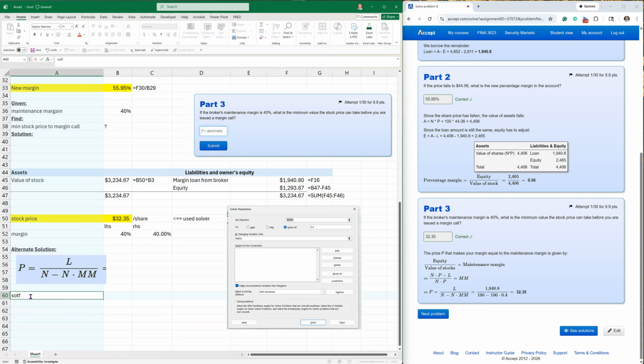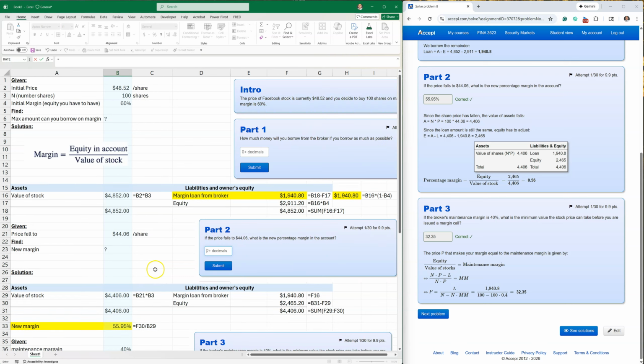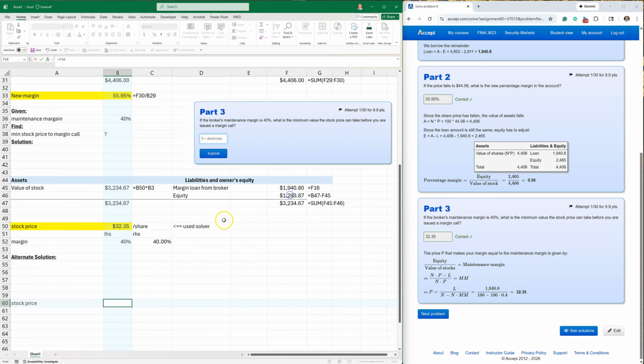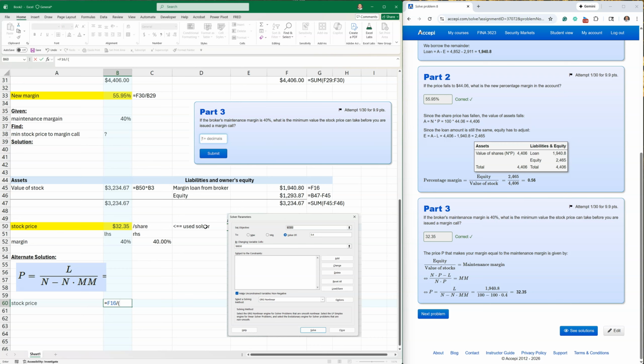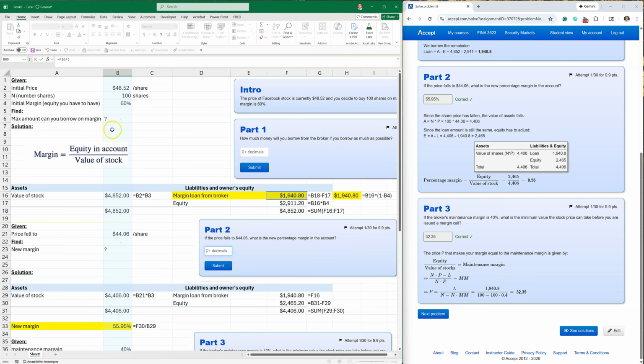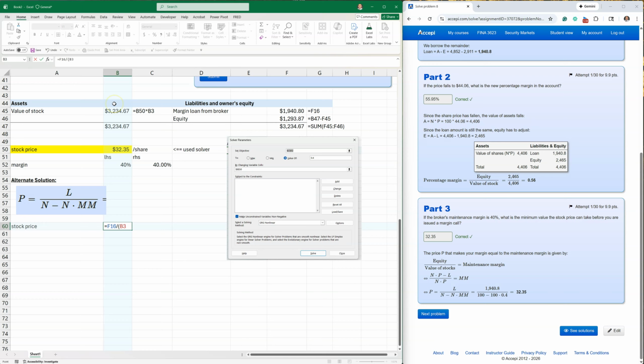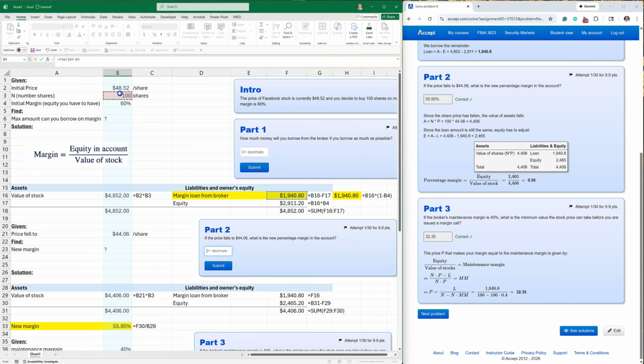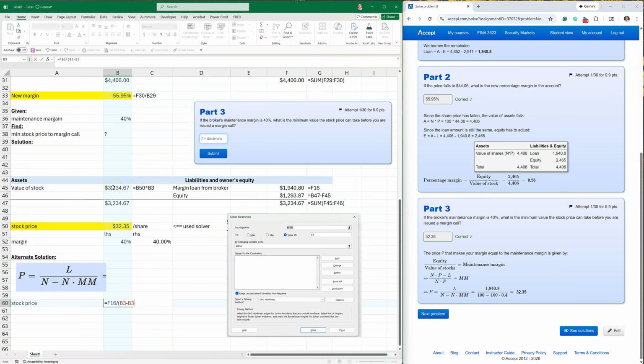So stock price is equal to, well, that's your loan, what we originally got for a loan, divided by parentheses, the number of shares, so it's going to be 100, minus 100 times my maintenance margin, which is 40%. And you get the same answer. So that's probably a little bit easier if you have that equation. Now, the book doesn't give you that equation, but CEPI does.